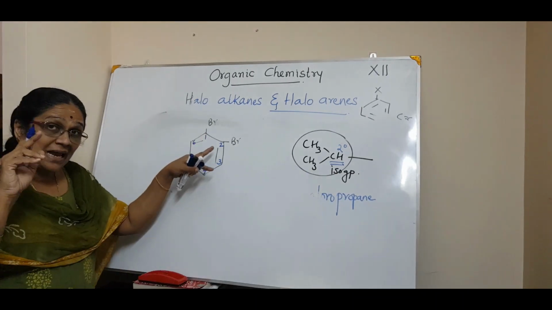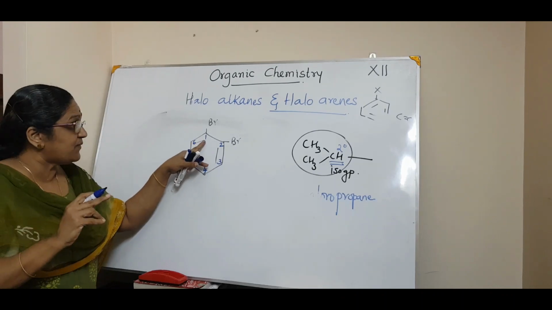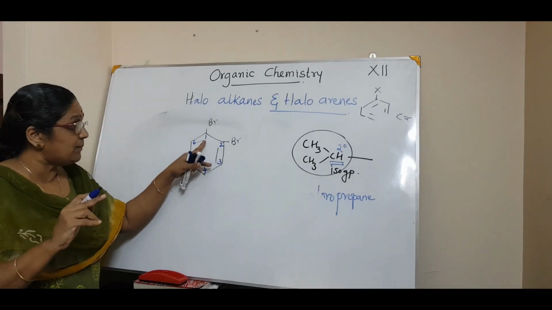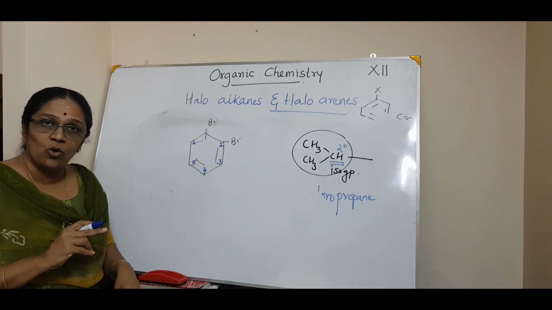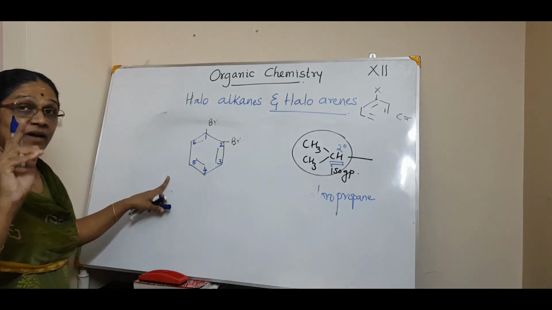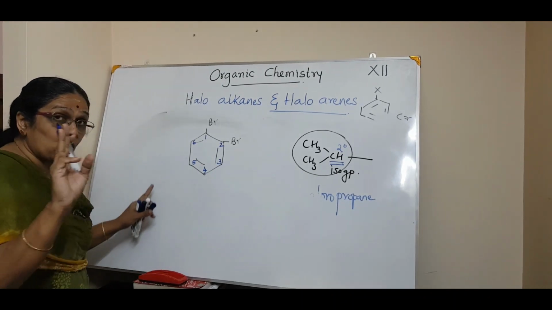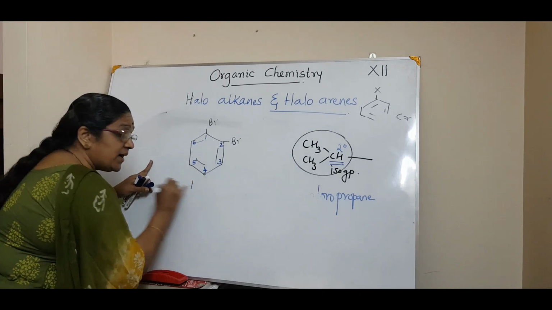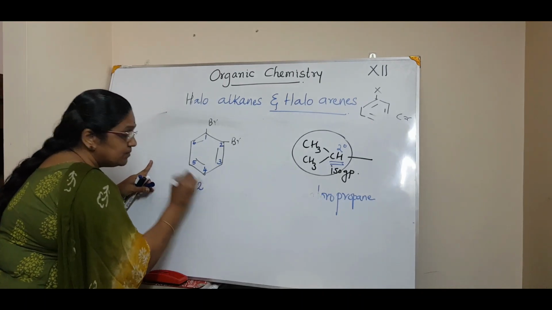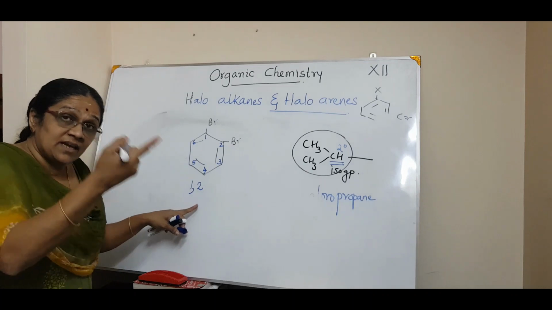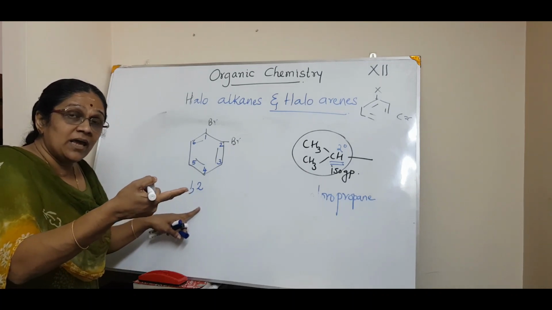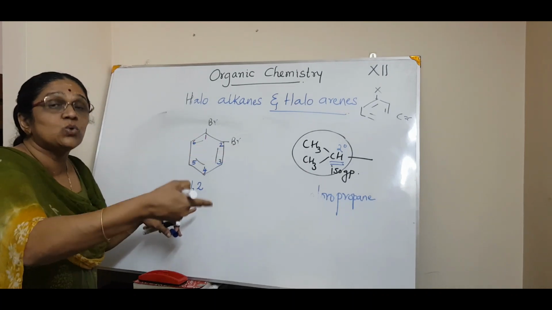So if two halogen atoms are there, then you have to specify the numbers. So here the IUPAC name will be 1,2-dibromo. Now listen, how will you write it? Very, very important. If there are two numbers, you have to write 1, comma, 2. If there are 3 numbers, again put a comma and write 1, 2, 3.